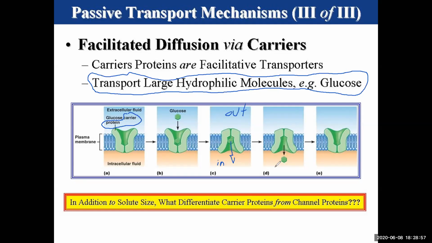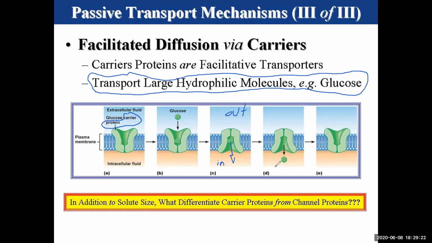Since glucose is water soluble, it needs a transmembrane protein at the membrane to help it translocate across the membrane. Since it's water soluble, it won't be able to move through the membrane itself. It needs the assistance of a transmembrane protein, in this case specifically a carrier protein, not a channel.